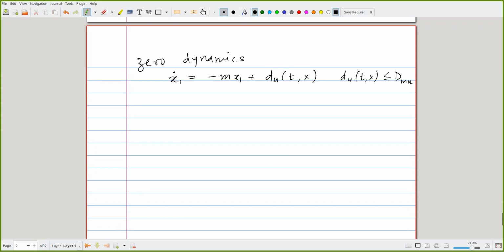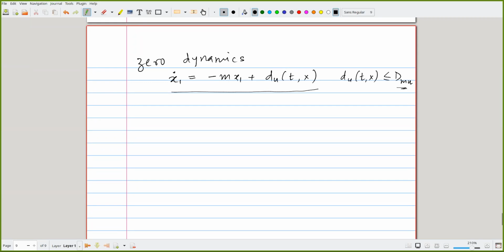With this assumption, you can never claim that this differential equation is asymptotically stable. It will only be bounded, and that bound will depend on this. So x1 cannot reach zero in this case. x1 will not be able to reach zero.